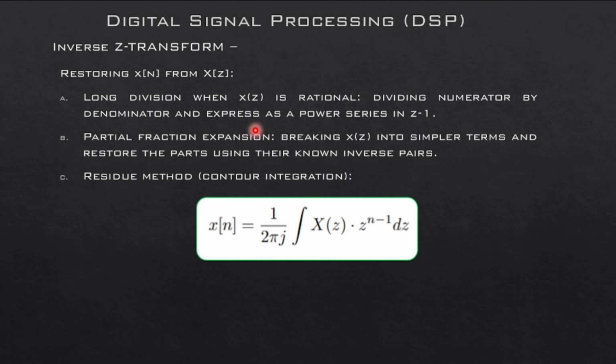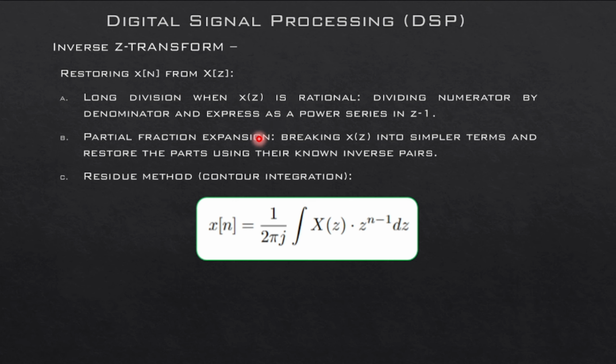So how to restore x n from x z, meaning from the transformed form to the original signal? One of the methods is long division when x z is rational, dividing numerator by denominator and expressing it as a power series in z minus 1.